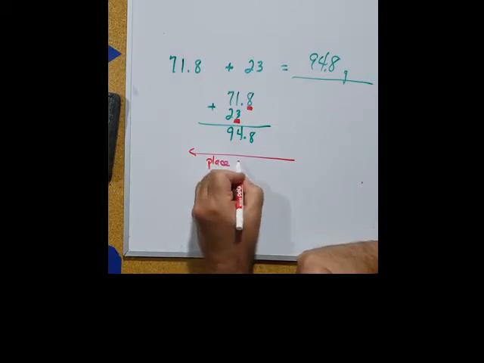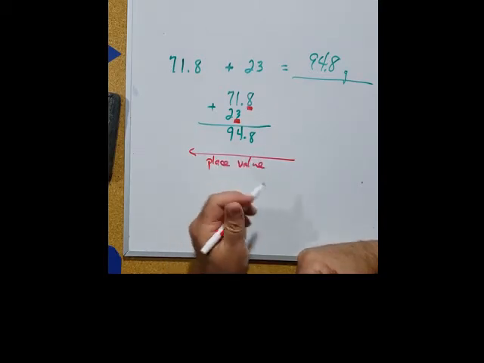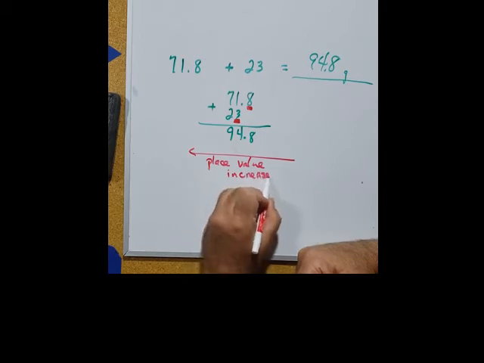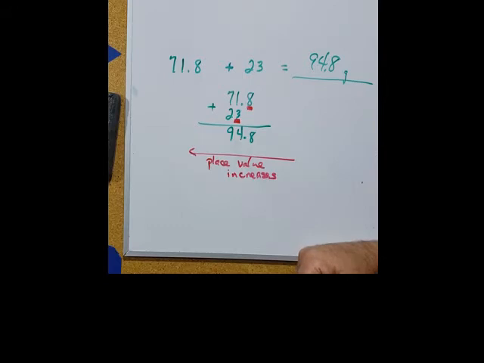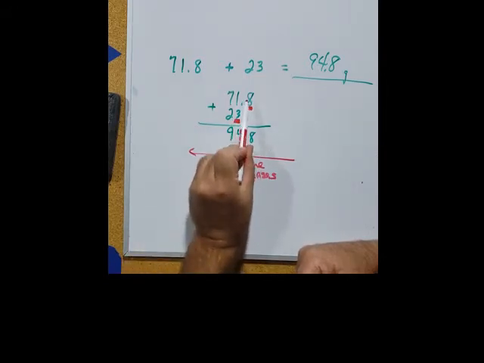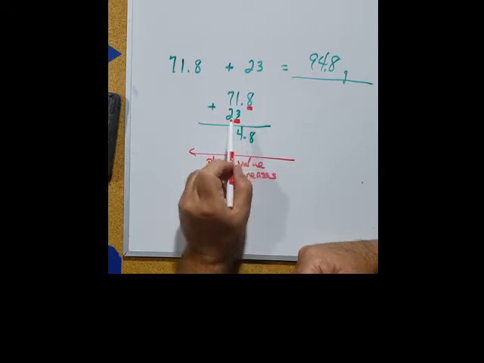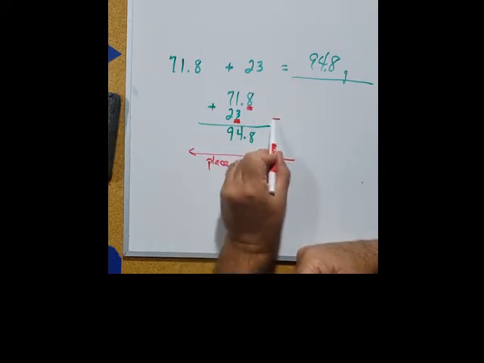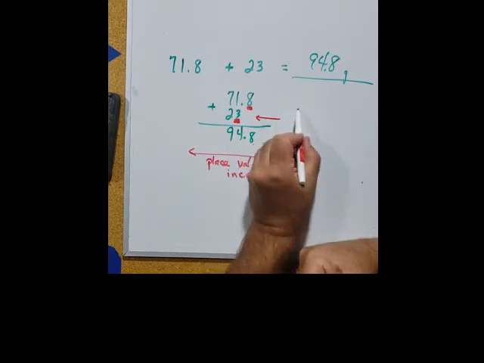Place value increases as you go to the left. So another way of saying this is our last sig dig has to be furthest to the left. Which one of these two numbers has its last sig dig, either the 8 or the 3, furthest to the left? Right here. Okay.